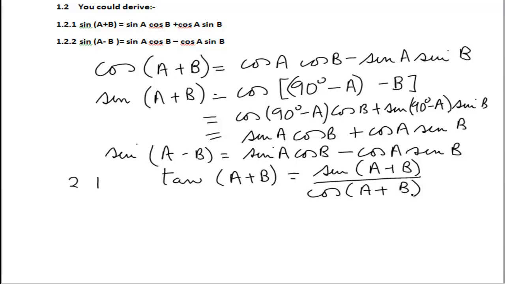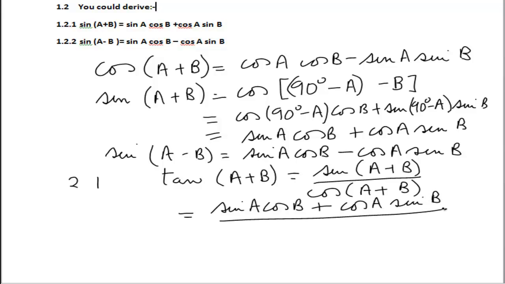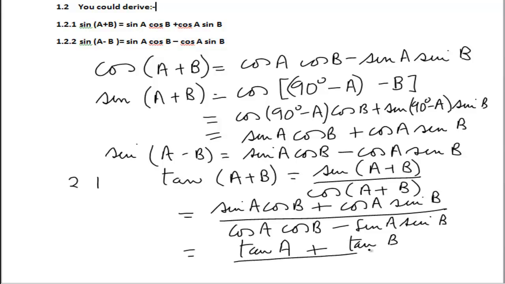If you use the expansions, you get sine A cos B plus cos A sine B, and the denominator is cos A cos B minus sine A sine B. Now if you divide each term of this expression by cos A cos B, things cancel off and you get tan A plus tan B, and in the denominator, cos A cos B divided by itself gives 1, minus sine A over cos A, which is tan A, times tan B.